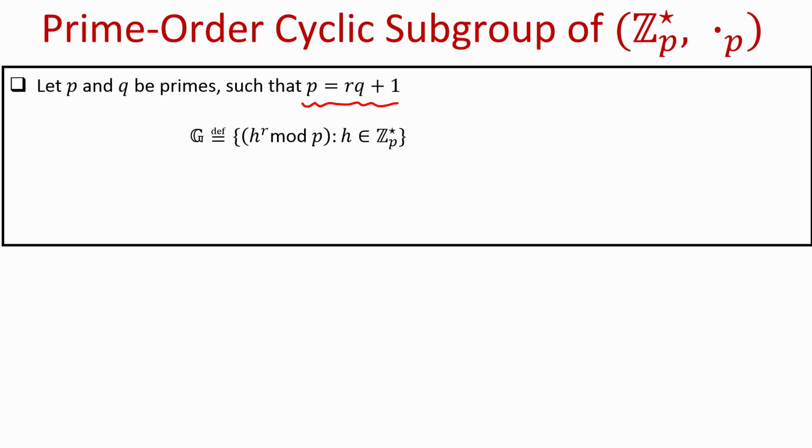And then let me define a set G to be the set of all elements of the form H to the power R modulo P, where H belongs to the set ZP star.